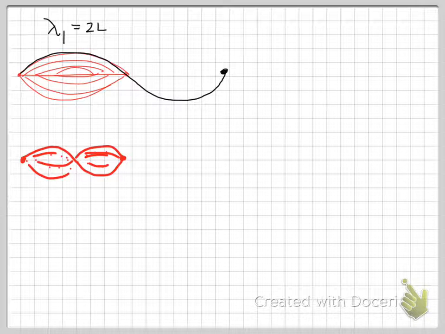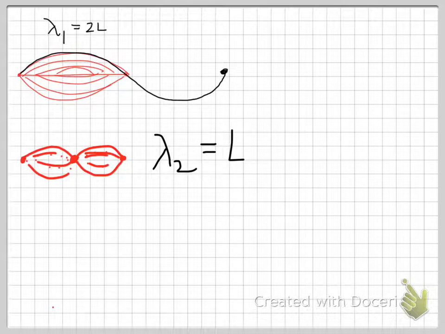So we have 3 nodes, 2 antinodes. What's the wavelength relationship to the length of the string? So lambda 2, yeah, it's equal to the length because we're actually going through one full cycle of motion. So lambda 2 is equal to the length of the string.